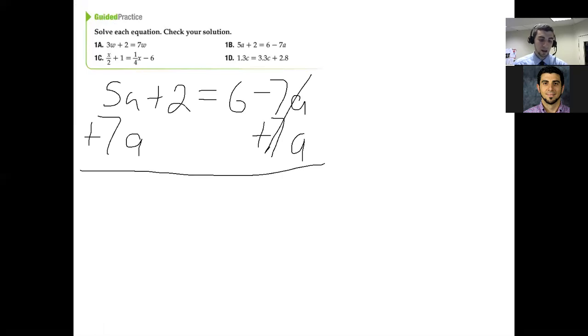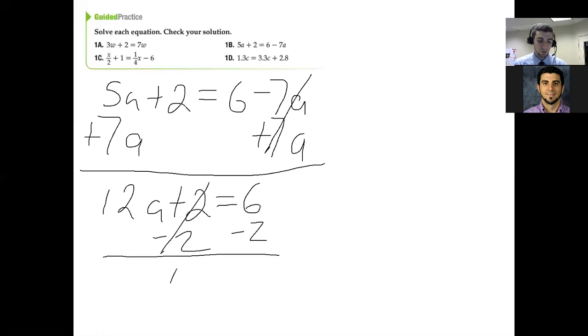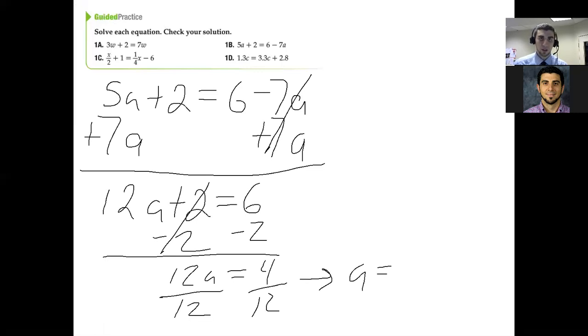So if I add 7a to both sides, I'd have 12a plus 2 equals 6, and then subtract 2 from both sides, and you'd have 12a equals 4, then divide both sides by 12, and you'd have a equals 4/12, which is the same as 1/3.